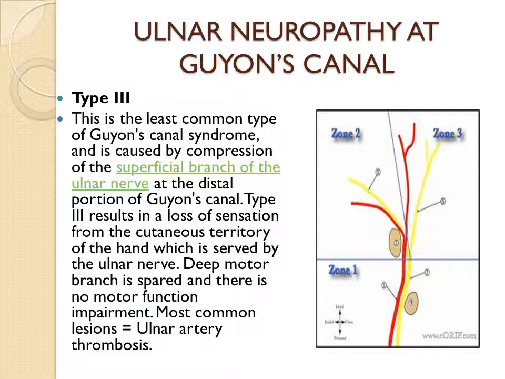And the most common cause of type 3 compressions of the ulnar nerve within the canal of Guyon is thrombosis of the ulnar artery.